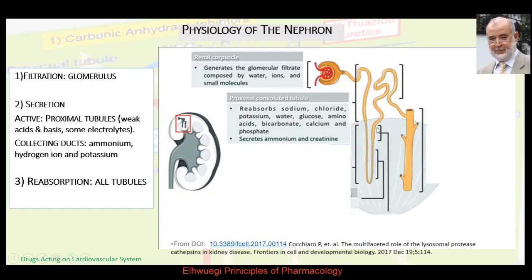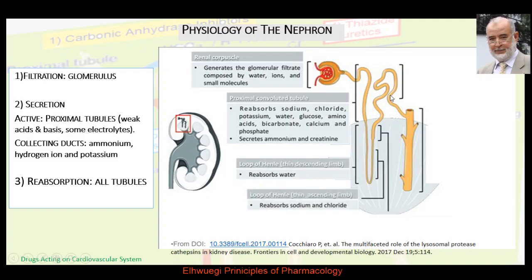In the thick ascending limb of Henle, mostly sodium, potassium, and calcium, about 20 to 25% of what is present in the urinary filtrate, are absorbed. The same thing in the distal tubule: reabsorption of many electrolytes takes place, especially what is left of sodium, magnesium, and calcium in the urinary filtrate.